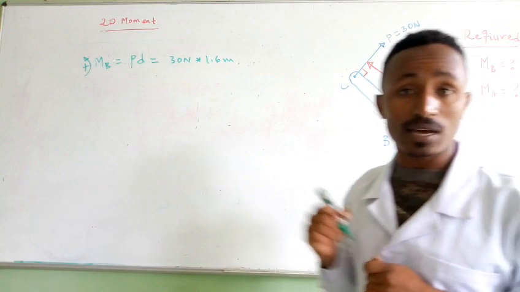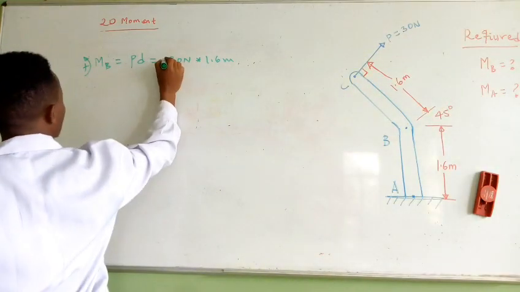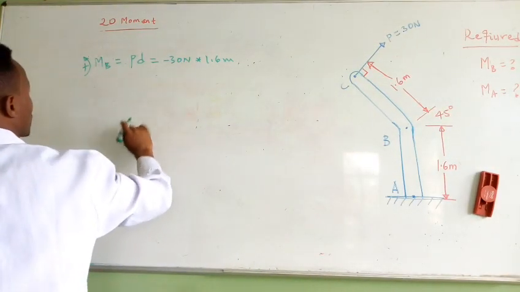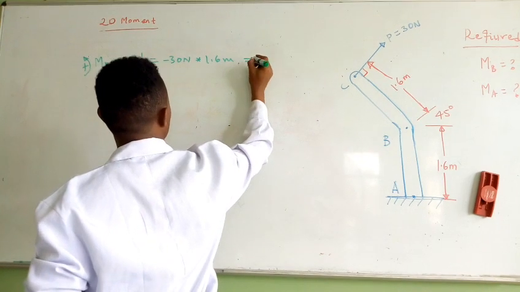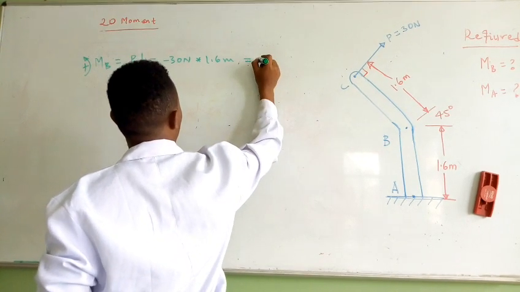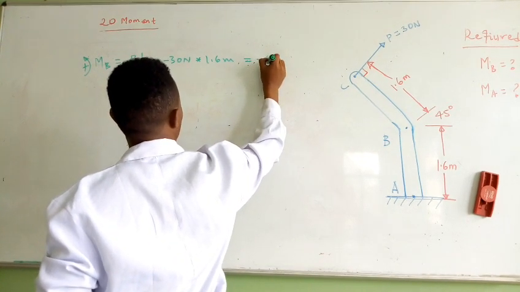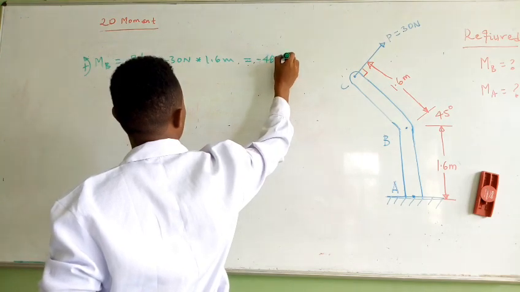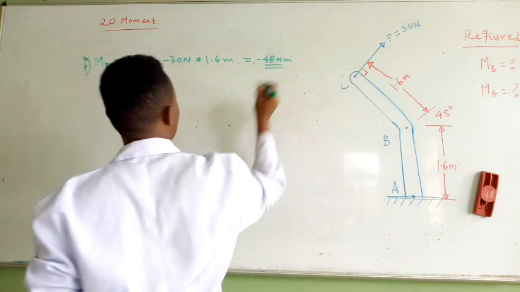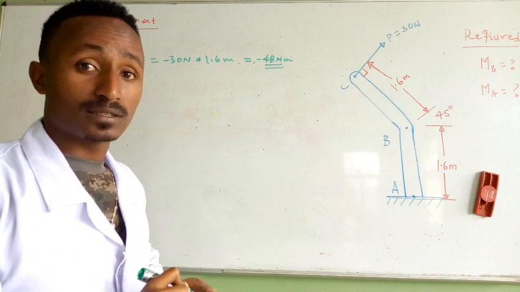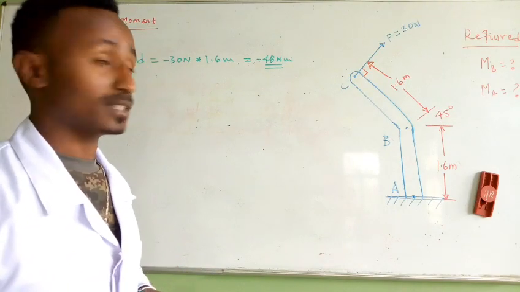So the sign becomes negative. So this becomes negative 48 Newton meter.